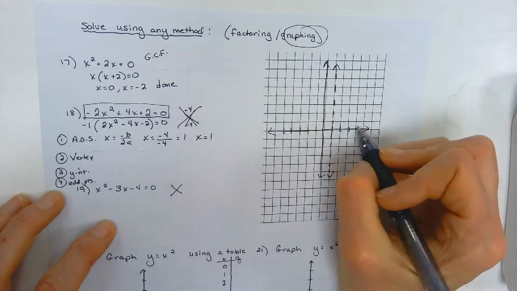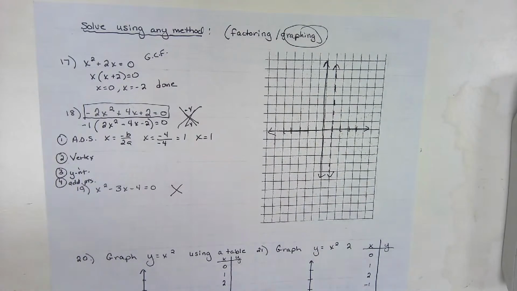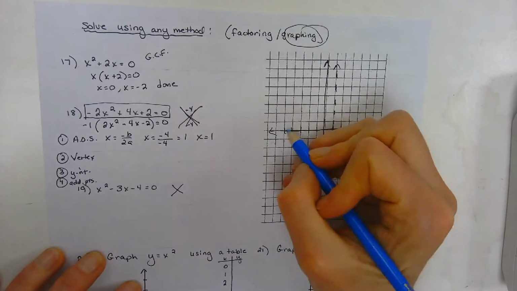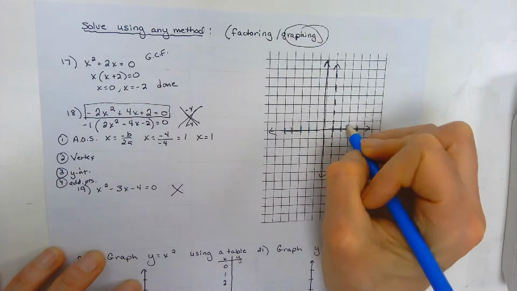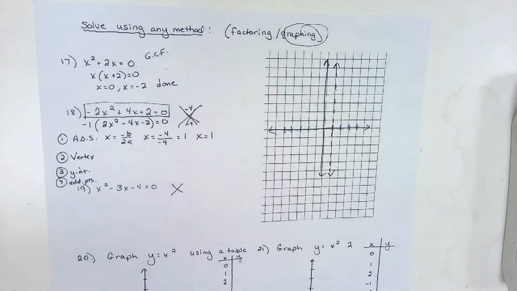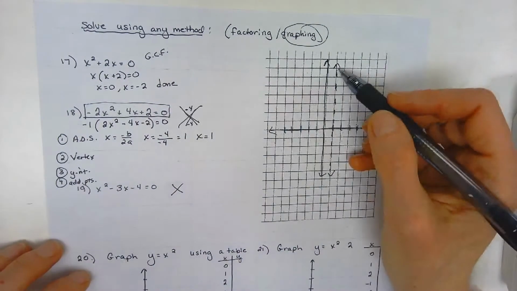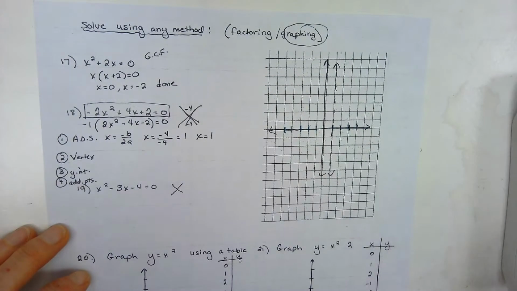It's kind of hard to see on this dark paper. Should probably be using a different color. Maybe this will help. Maybe not. Okay, so the axis of symmetry is going to help us to plot the rest of our points.